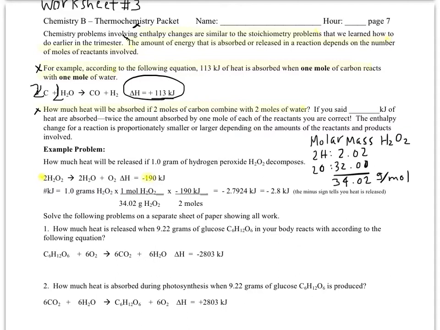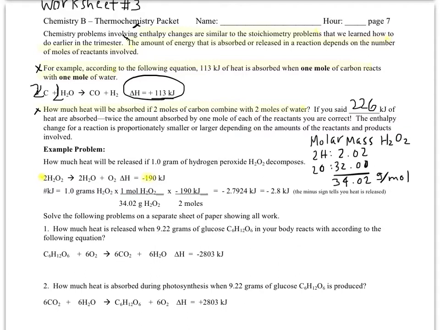It really should just be twice as much. So 113 times 2, a little quick calculation, is 226 kilojoules. Twice the amount is going to be absorbed because you're starting with twice as many reactants. So effectively your reaction is twice as big.